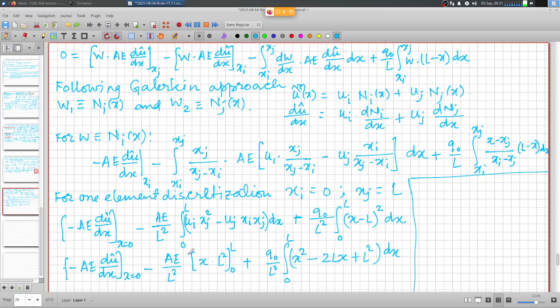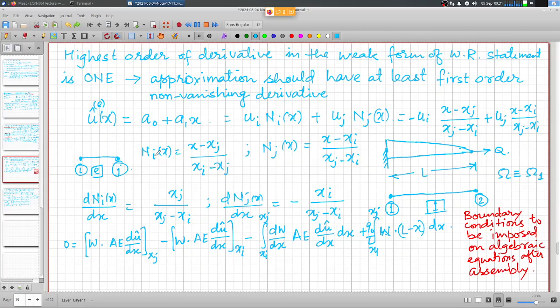Let me look at this. What is this? Ni is equal to x minus xj. This is fine. Xi minus xj, and j is equal to x minus xi, xj minus xi. Dni by dx is equal to, this is wrong.